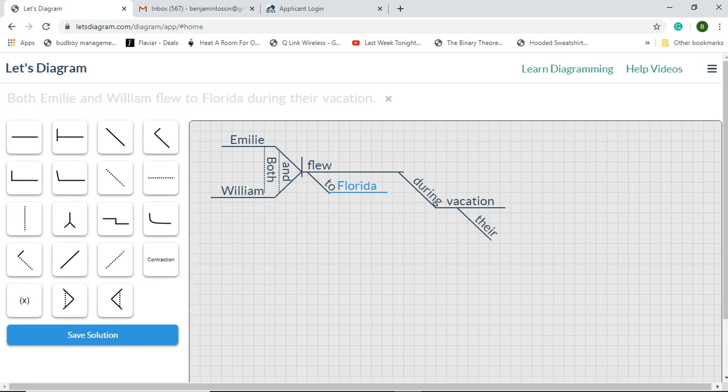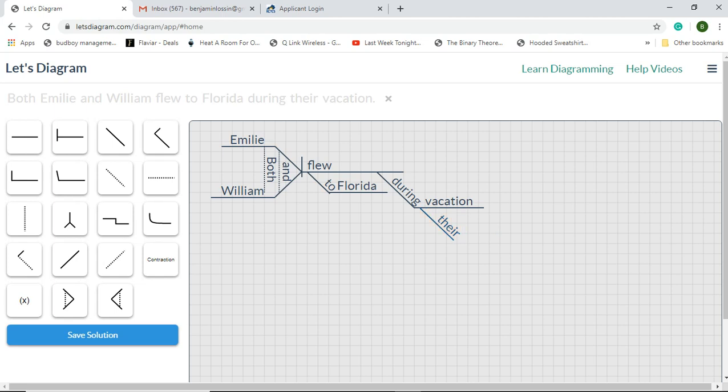Florida is the object of the preposition, acting as an adverb, modifying flew. During is the preposition. Vacation is the object of the preposition. Their is the adjective in the prepositional phrase, modifying vacation. Good. I'm going to tighten this up a little bit so we have more space. I imagine we may need it.